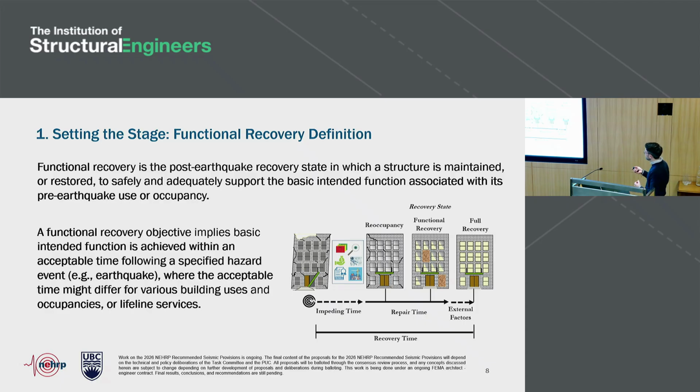And I also like this diagram because it showcases that functional recovery is less than full recovery. It's not like everything has gone exactly back to normal, but it's more than the minimum that would be expected for a building to be occupiable after an earthquake.